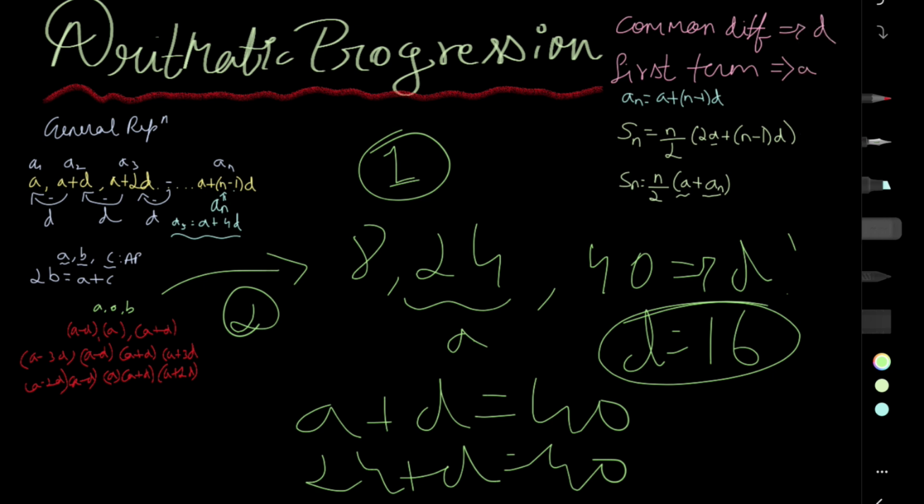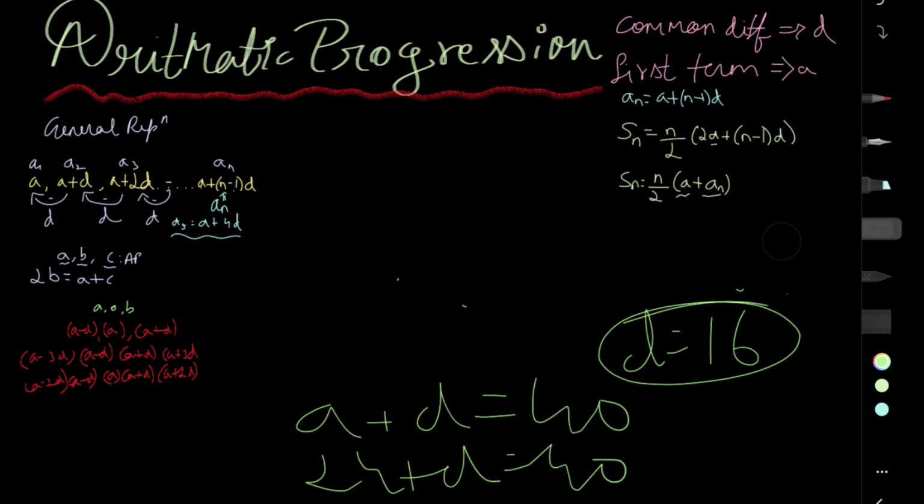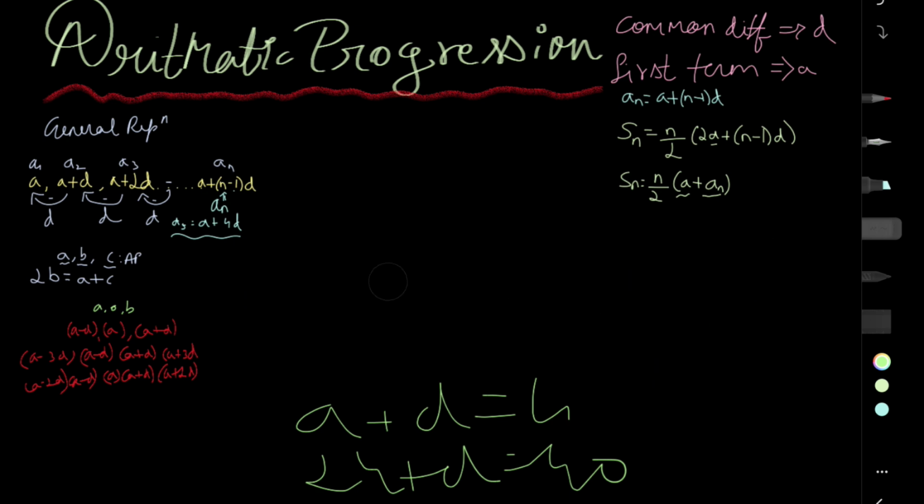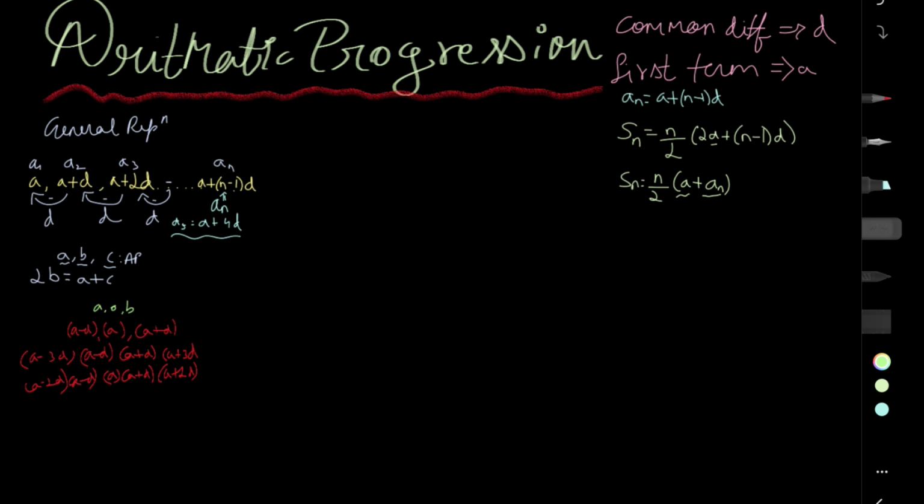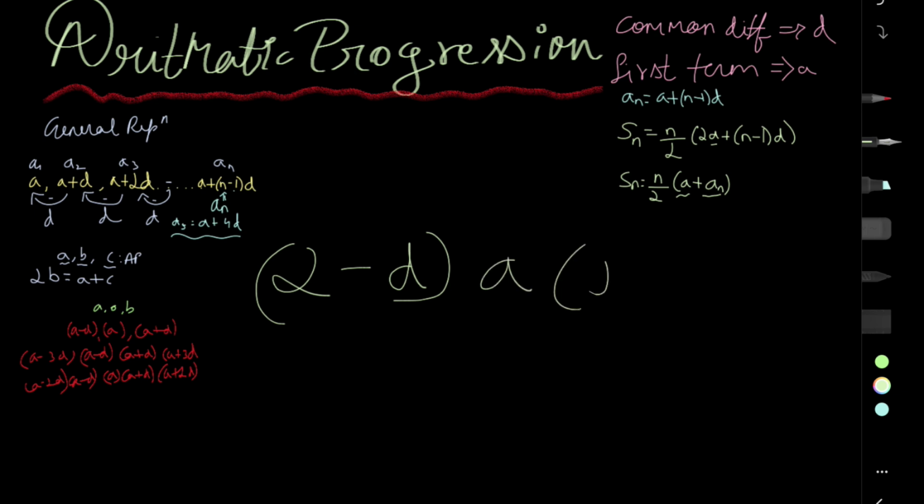Right, now one more format of question. See, one more format of question is that: 2 minus d, a, and here it is 2 plus d.